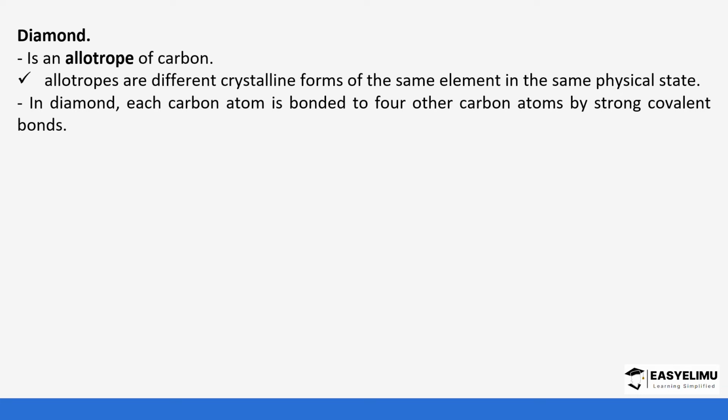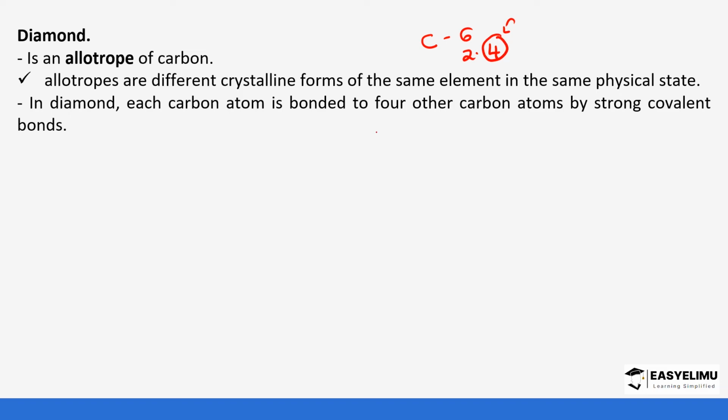In diamond, the carbon atom is bonded to 4 other carbon atoms by strong covalent bonds. Carbon is atomic number 6, so it has a configuration of 2.4. You can see the 4 electrons in the outermost shell can be used to share with 4 other carbon atoms.